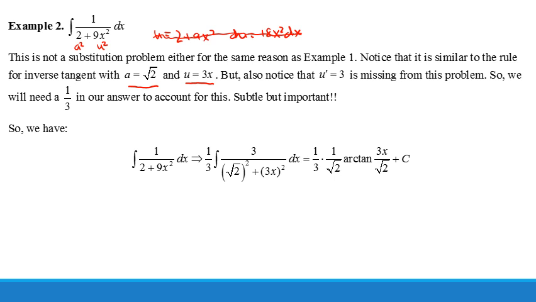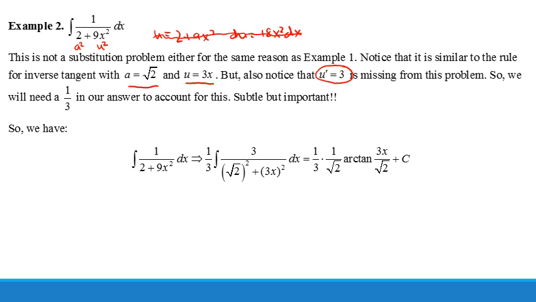Now, one important part about u being equal to 3x is we don't have du currently in the problem. So remember that du, or u prime is how I wrote it here, u prime is equal to 3, is missing from the problem. Okay, so we're going to need a 1/3 in our answer to account for this. And this is a subtle thing, but it's definitely important to getting the correct final answer.